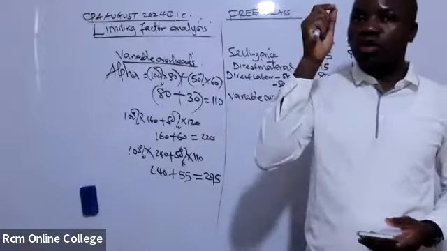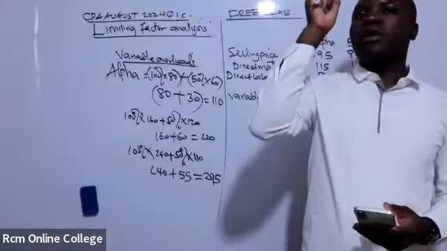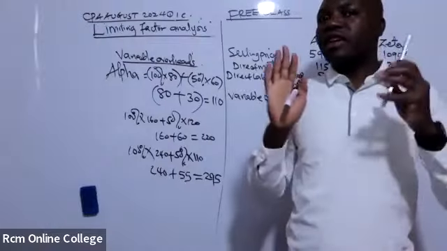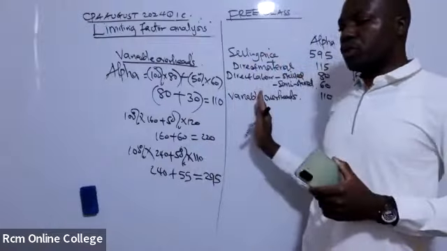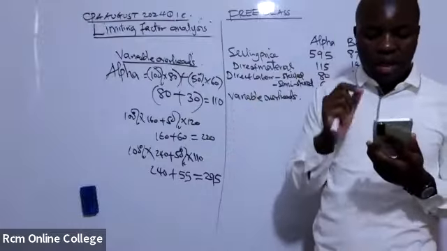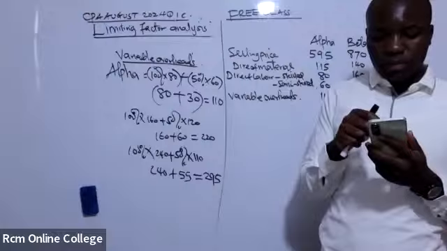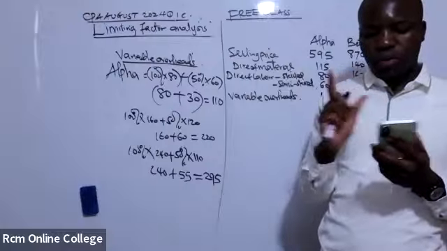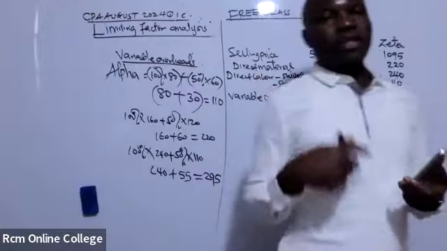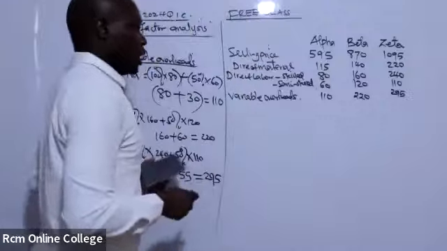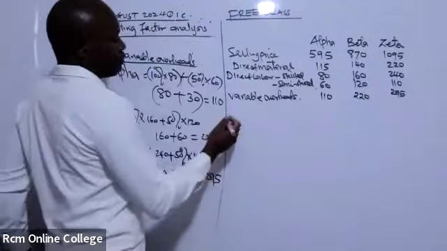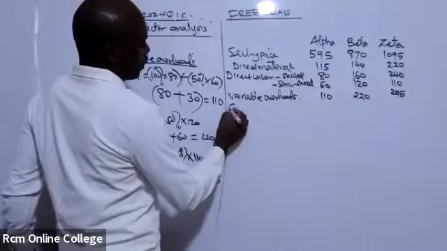Whether it is variable production or variable non-production, so long as it is variable cost, we put it here. Do we have any other variable cost apart from what we have captured? No. Only these ones.